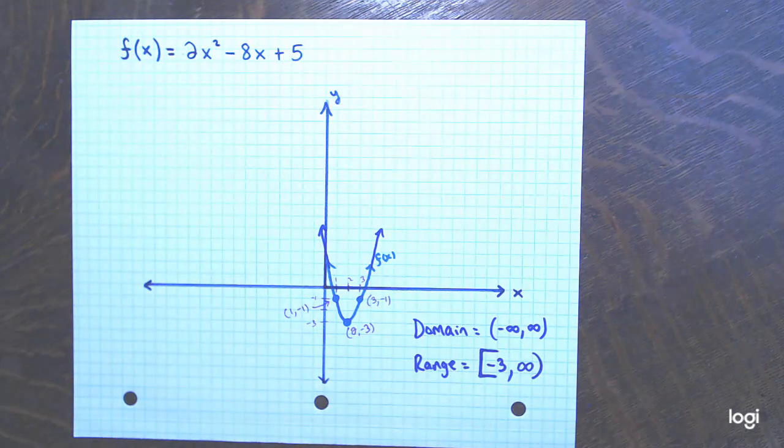But if you take a rule and only replace the x's in that rule with something, you only replace the inputs, that's going to cause a horizontal transformation, which means you're only changing the x coordinates of the original graph. Great. And then of course domain is a set of all the inputs, x coordinates. Range is a set of all the y coordinates and outputs.